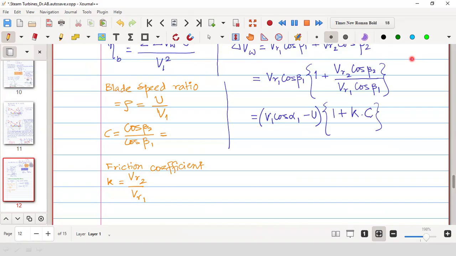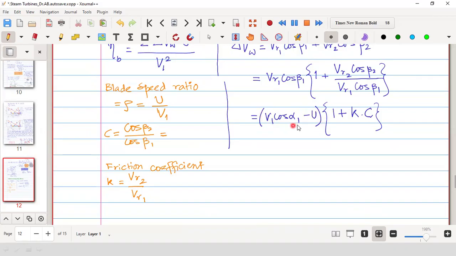Now here you see that I am writing in terms of V1 and alpha 1, because V1 is the exit velocity from the nozzle. So that can be calculated easily if I know the enthalpy drop, and alpha is the nozzle angle, that is a design parameter that is known, and blade velocity, that is actually giving the power of the blade.